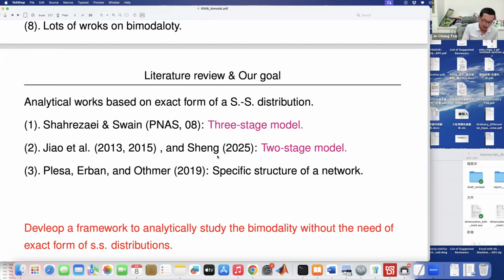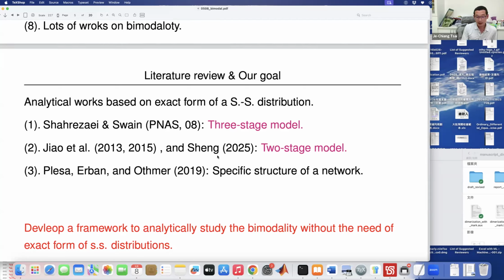So you can expect they derive the exact form of the state distribution, but they use some very clever technique to divide the whole picture for this state picture.